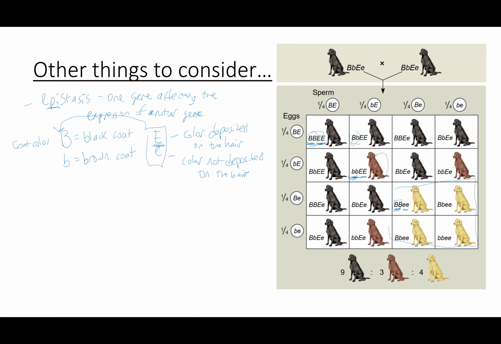Does that make sense? This dog is homozygous recessive for the color deposition. It's always going to be a golden one, whether it has the genes for brown or the genes for black, because this E gene for color deposition has epistatic control over the coat color.